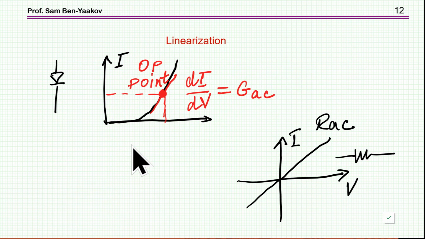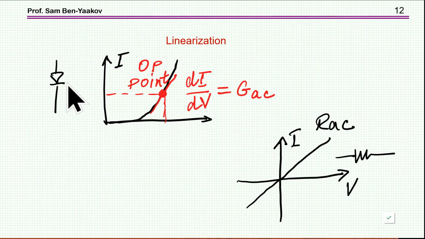Now, what happens if you run an AC simulation on a circuit that includes a non-linear element? For example, a diode. The first thing to be done by SPICE or LTspice would be to find the operating point of the circuit. And then it'll take the local derivative around this operating point.